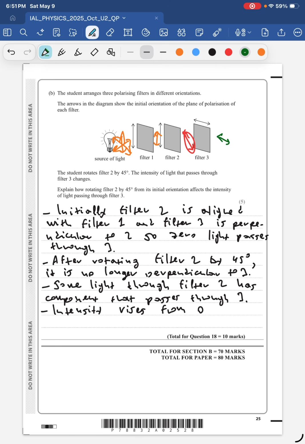And you can think of this as analyzing this light into a component that looks like that and a component that looks like that. Or in other words, if we have light that is oscillating in this plane and a light that oscillates in that plane, we will get light that oscillates at 45 degrees. Okay, so this component will pass through filter 3. Okay, and that's the answer.